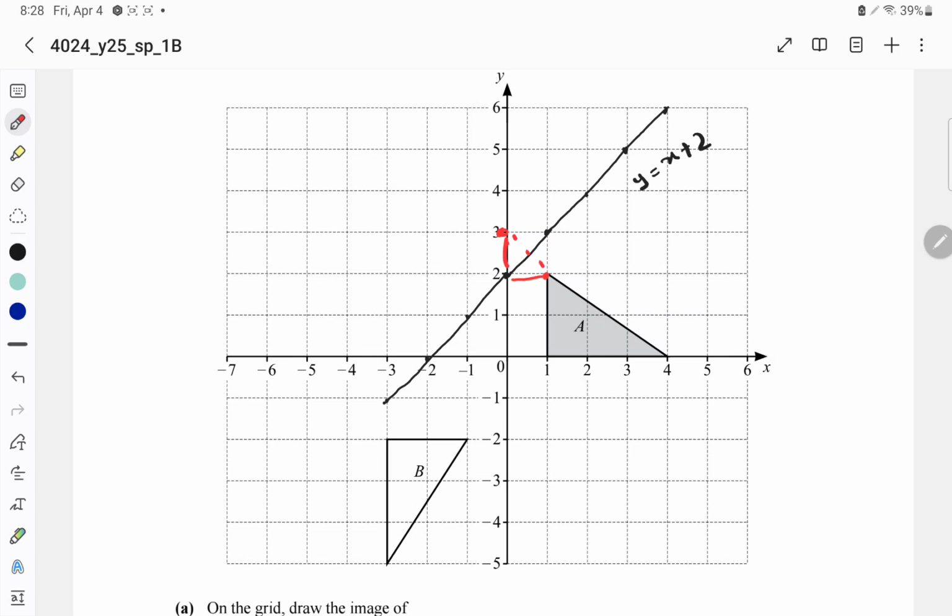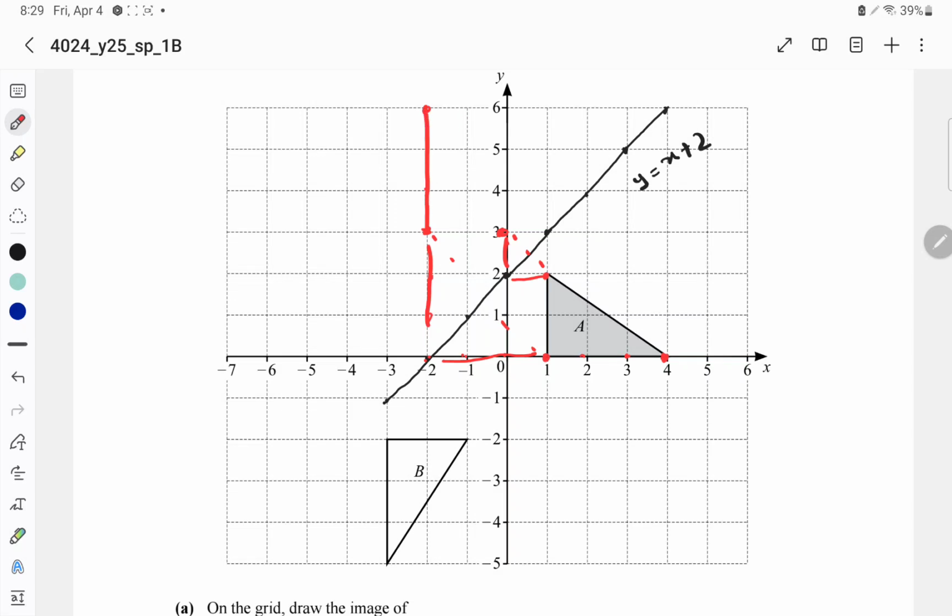The second point is this point, 1 2 3, 1 2 3 here, same distance, or you can do it another way, whatever you want. The third point is we have to come to the line of reflection, 1 2 3 4 5 6, 1 2 3 4 5, and then 6 comes here.